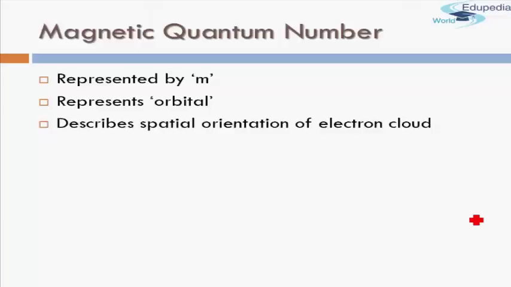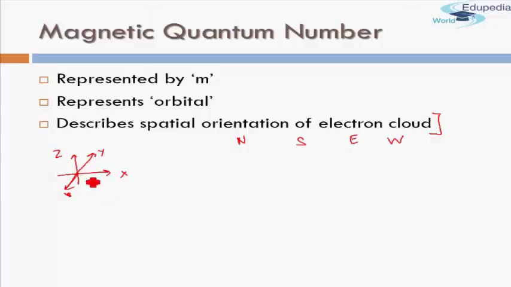Okay. So it describes the spatial orientation of the electron cloud. What does this mean? See, the building in which you are residing might face north, or it might face south, or it might face east or west. Likewise the electron cloud, if you consider it in 3D, you have x, y, and z.